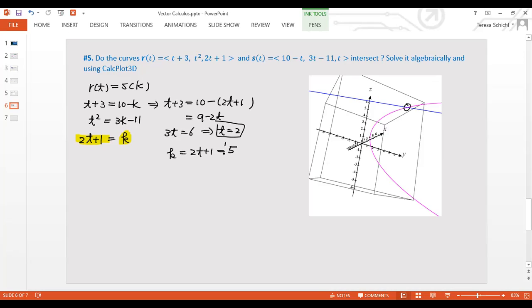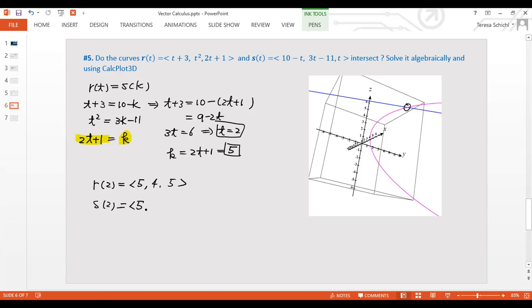So when I put k equal to 5 and t equal to 2 into my originals, r(2) will give me 5, 4, 5, right? The same thing is here with s(5): 10 minus k, which is 5, right?